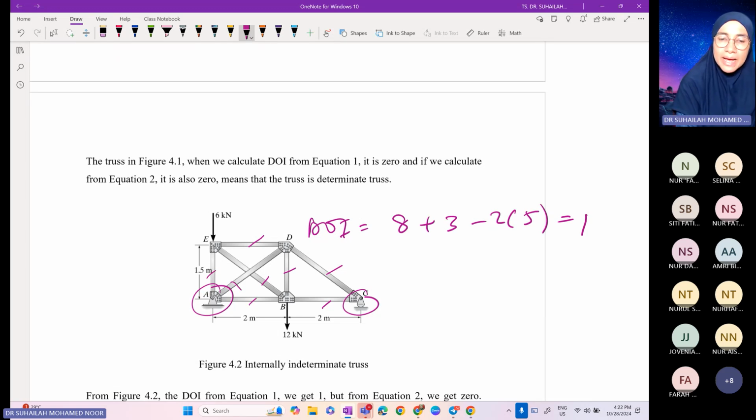Then we have to check the support reaction. In this truss, even though it is an indeterminate truss, the DOI is equivalent to 1. We cannot simply remove a reaction as the redundant, because in actual condition, there are already 3 unknown reactions. Means that minimum must be 3.